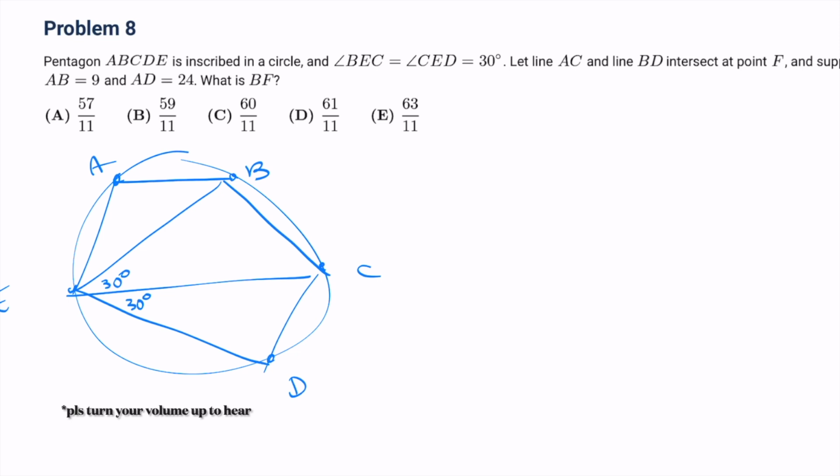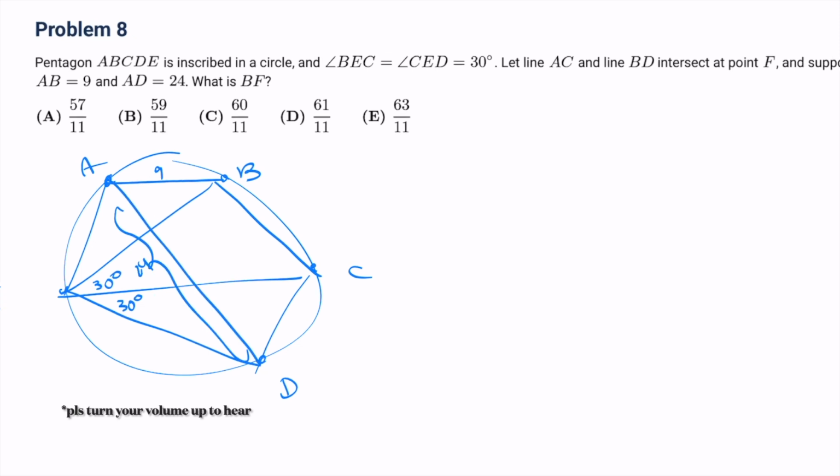AB equals 9. AD equals 24. We want to find BF, where F is the intersection of AC and BD.